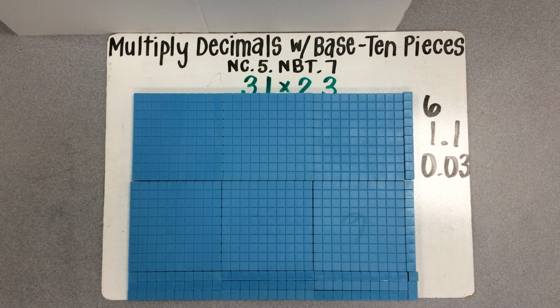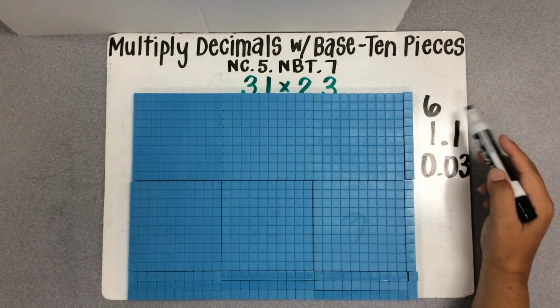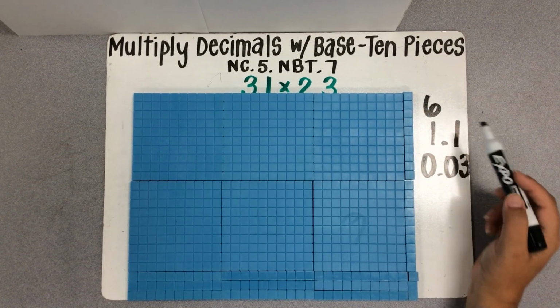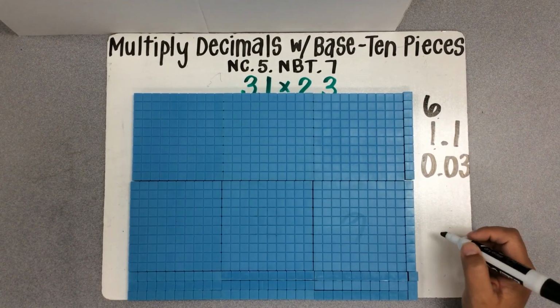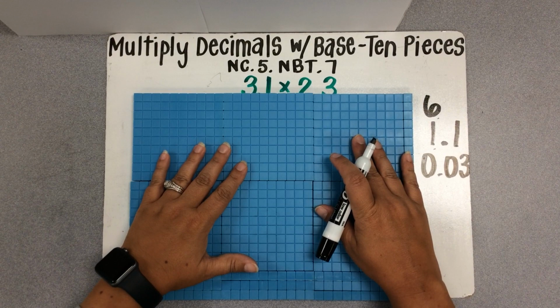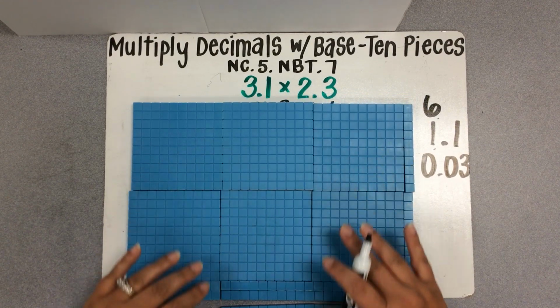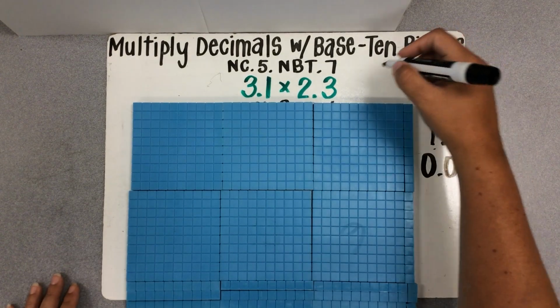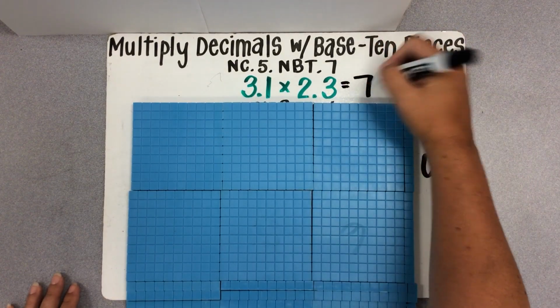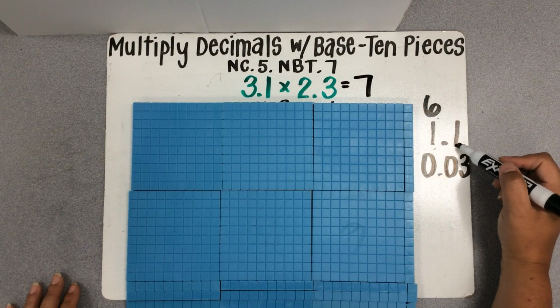And so now I'll just need to add these numbers together to figure out the final product. I know that if I added 6 plus 1, that would give me 7. And let's see, I'll move this down a little so I can start to record this up here. So 6 plus 1 would give me 7. I see I have 1/10 here.